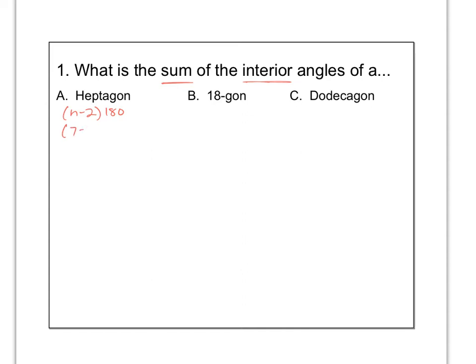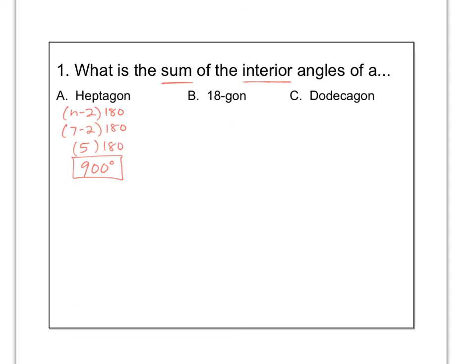Heptagon is 7, so we do 7 minus 2 times 180. 7 sides. That means we're going to have 5 triangles. So 5 times 180. And 5 times 180 is 900 degrees. That would be the sum of all the angles in a 7-sided figure, or heptagon.